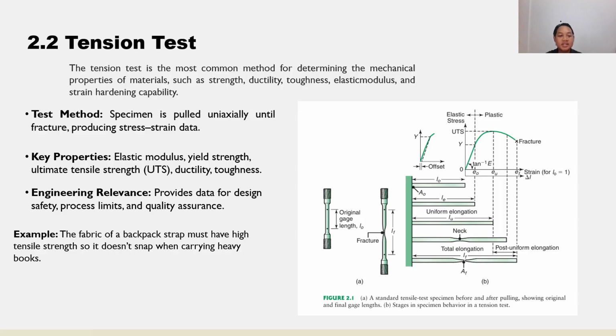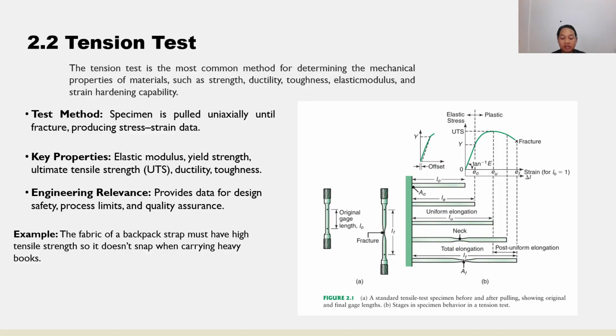The key properties are the elastic modulus, yield strength, ultimate tensile strength, and ductility and toughness. The engineering relevance is that it provides data for design, safety, process limits, and quality assurance. These parameters define how a material will perform under different load conditions, guiding decisions in manufacturing and design.